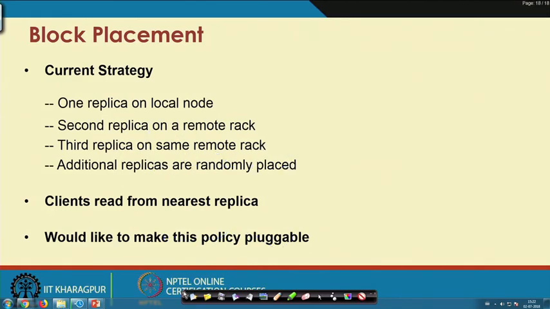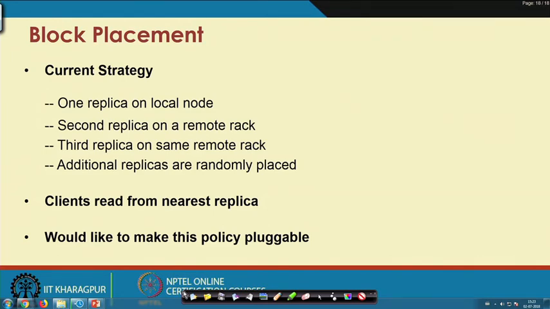Now, here one important question is how to place the blocks. Multiple strategies can be used. Practitioners, by trial and error, arrived at the following strategy.